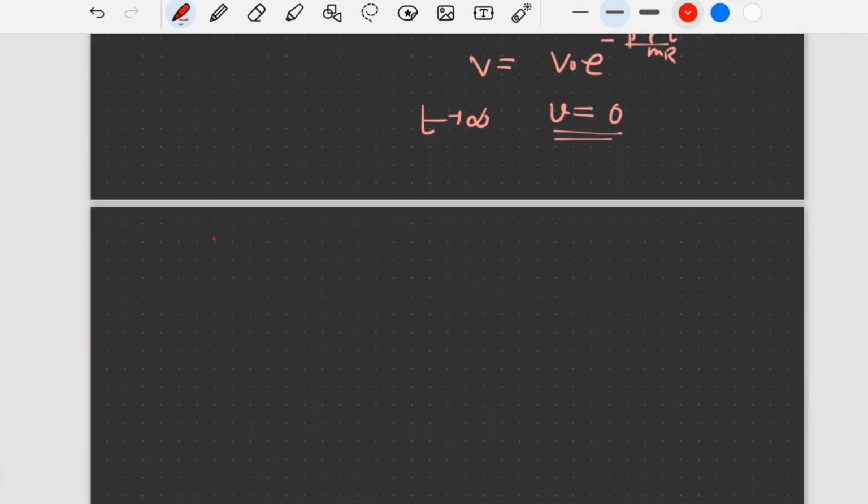Now, similarly, this deceleration, or mass into deceleration, we can write v dv dy also, because it is decelerating in the direction of y. So I am writing v dv dy is equal to minus of B square L square v by r. So see what I am getting: dv is equal to minus B square L square by mr dy.